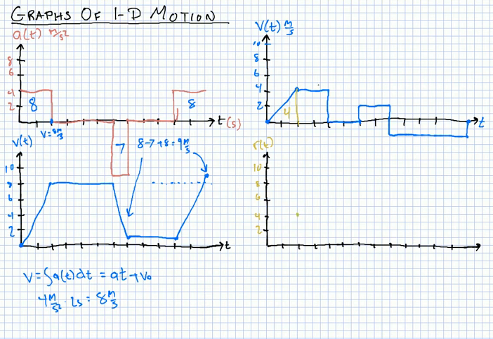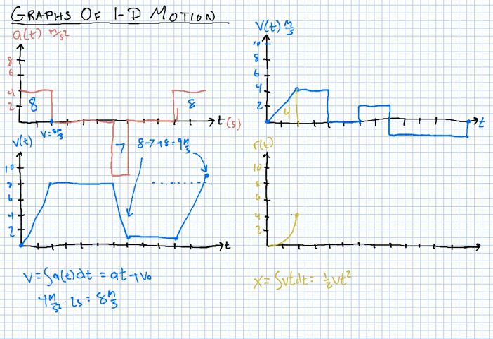Okay, but there's a difference here. Our velocity in this case wasn't constant. It was linear. Right, and so we know that if we have something like x is equal to the integral of v(t) dt, then this is going to be 1/2 vt squared. So in other words, this is going to be parabolic, so we can expect our position curve to look something like this.